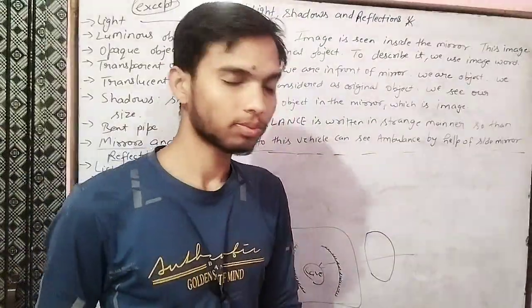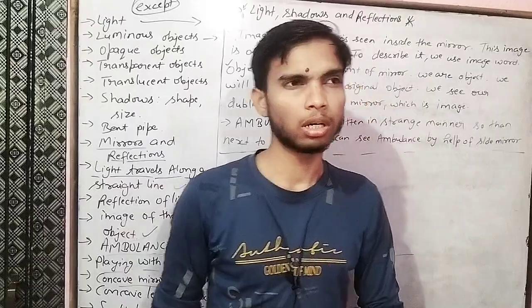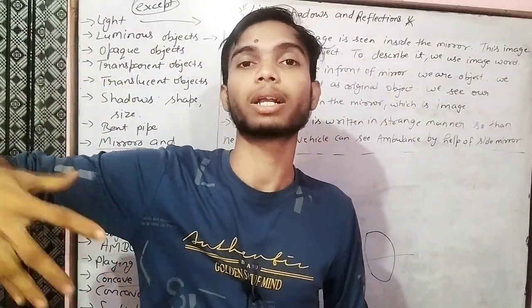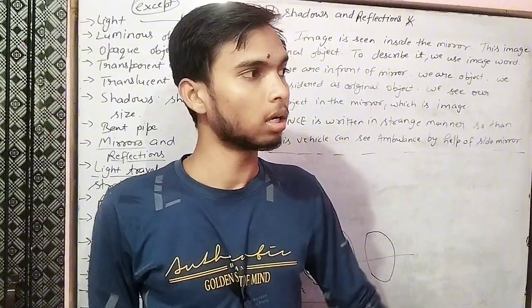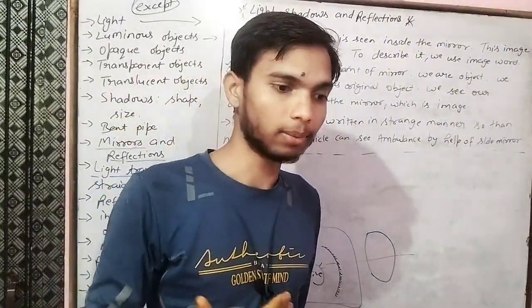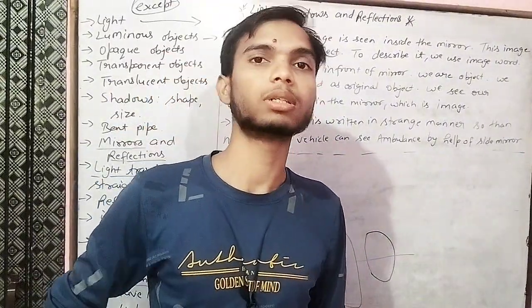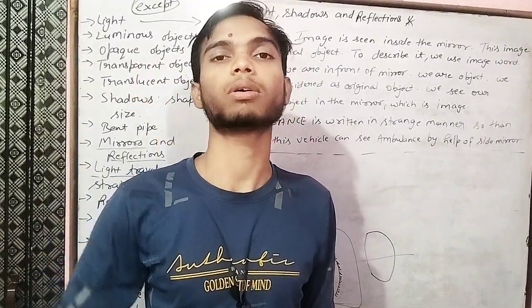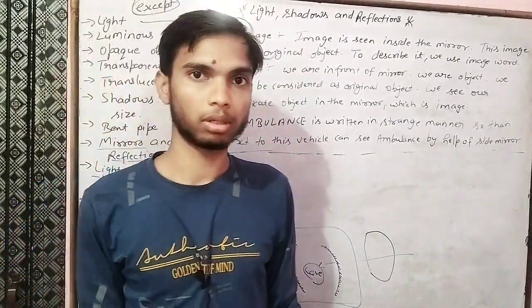Now convex mirror. A convex mirror is used for traffic lights, and a convex mirror is used as a side mirror of a vehicle.